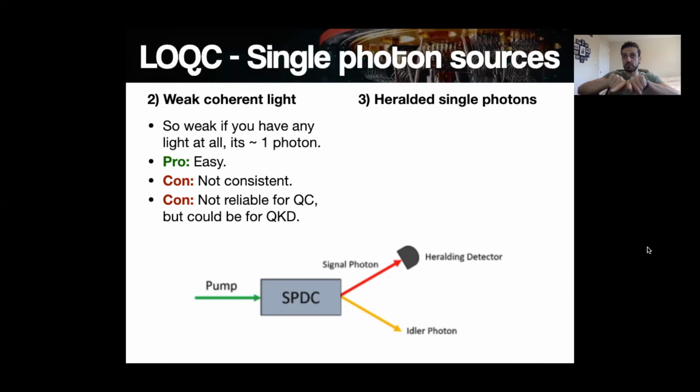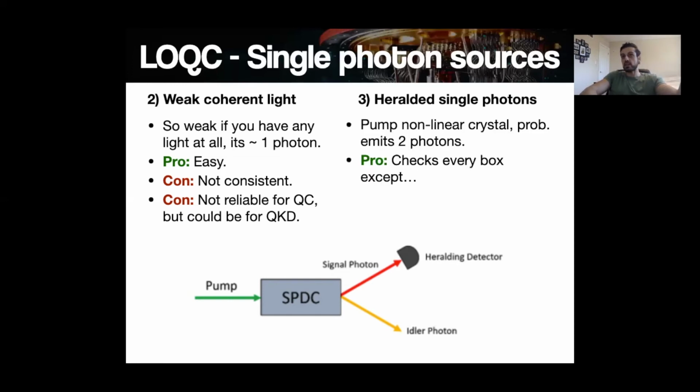What happens then is you have two photons coming out always together. So either the pump goes right through undetected, or if the crystal absorbs it, you're going to get two photons. What's nice about that is you put one detector over here, and whenever this detector goes off and measures that one photon that came out, you know that there's another photon over here.